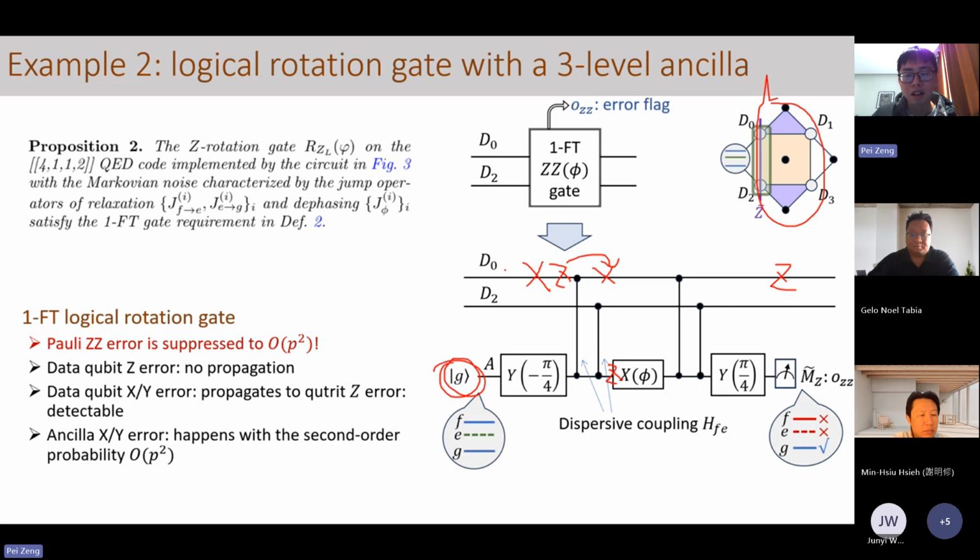By counting these Pauli operators, you can check each of the first order errors, and then you can show that either the harmful errors will never happen, or the errors can be detected by this 4112 code, using all these ancillary qubits.